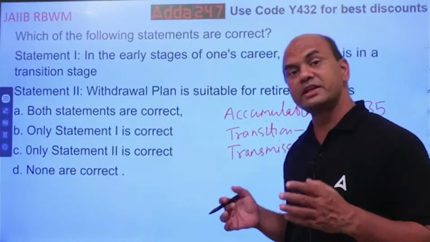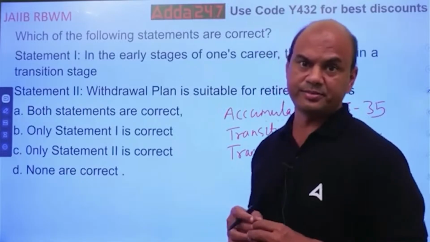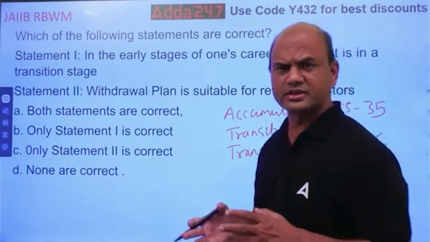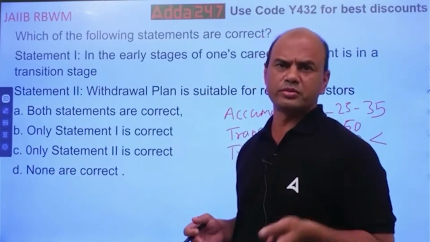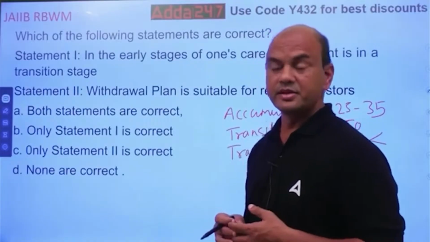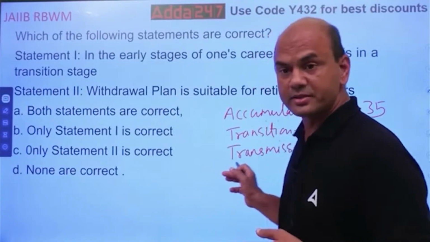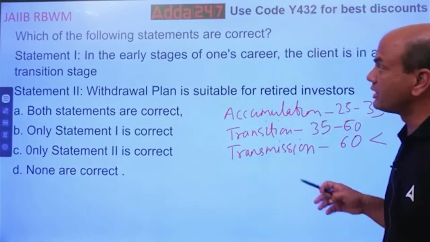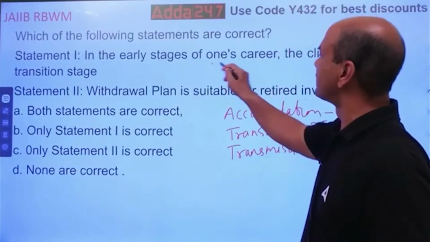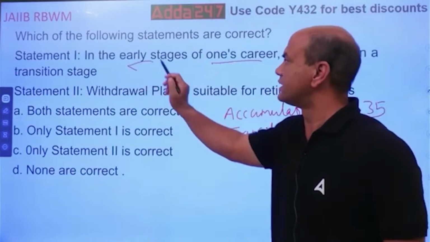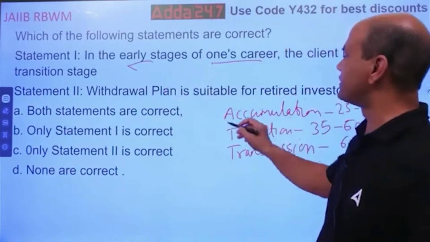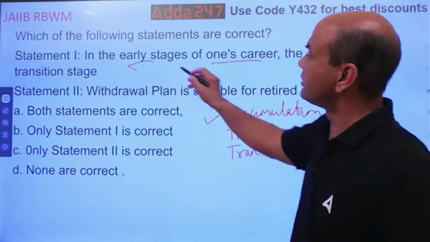He thinks of passing it on to the next generation. Sons, daughters, anyone. Somebody might want to donate it, anything. So that is basically transmission phase. So in the early stage of one's career, in early stage, I am in which phase? Accumulation. So this statement is wrong.